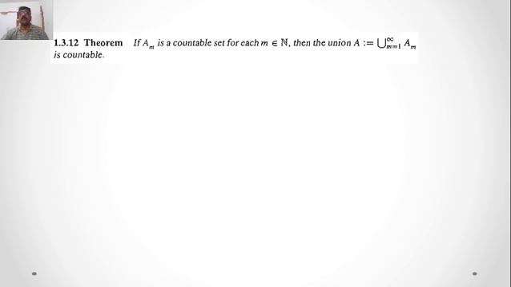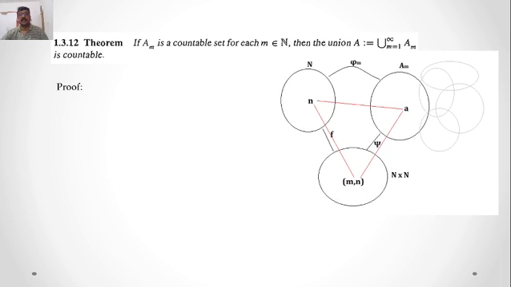Now we have to prove that a countable union of countable sets is countable. That is, if each A_m is countable, then the union of the A_m is also countable. Now to prove this, let A mean the collection, the union of all A_m.